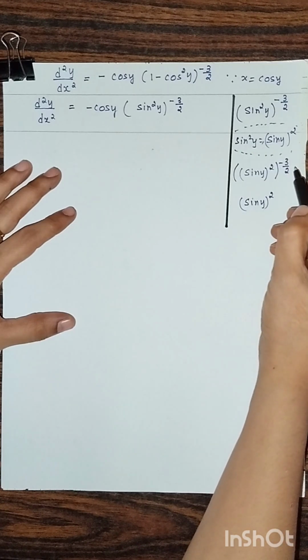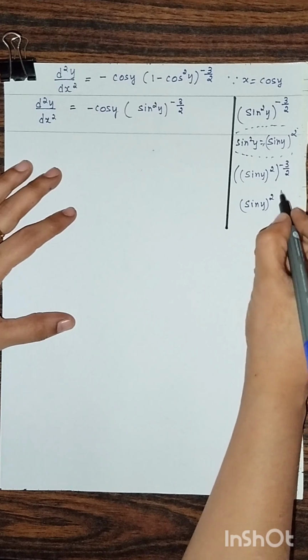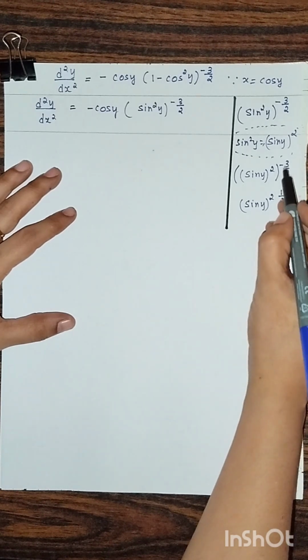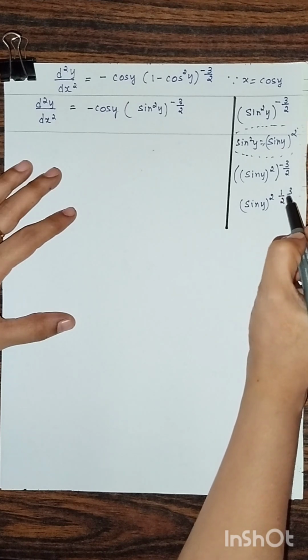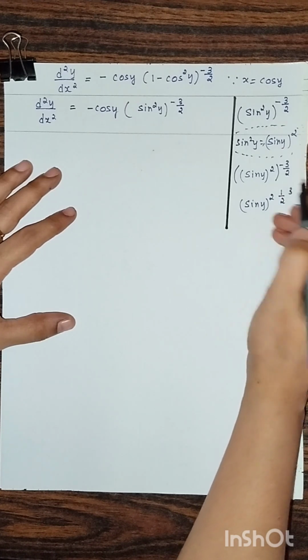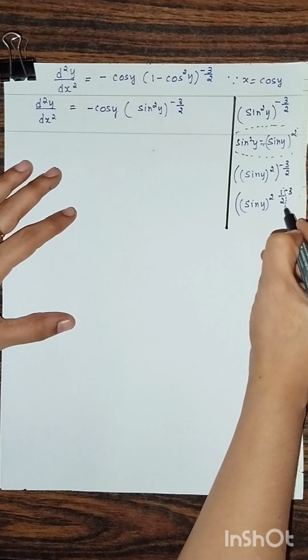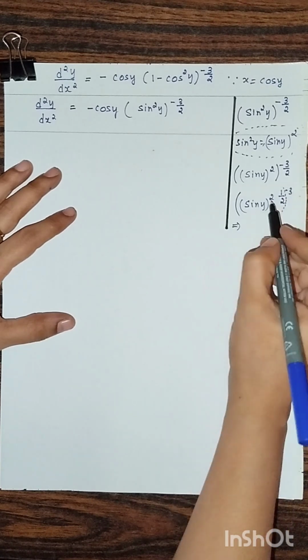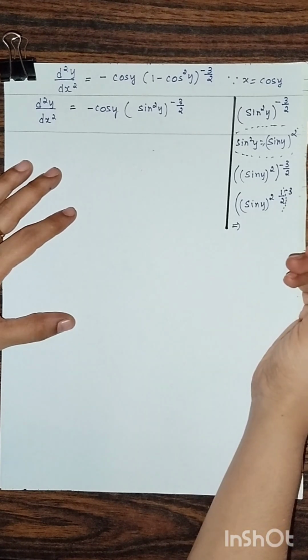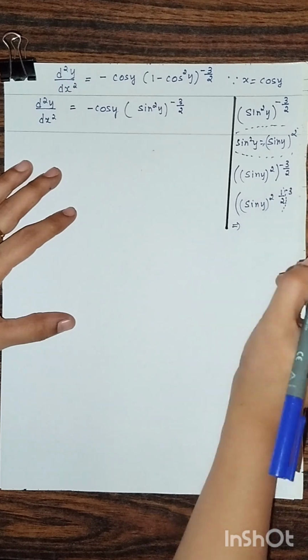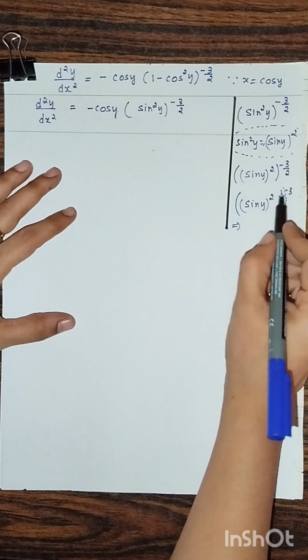So 3 by 2 can be written as 1 by 2 into 3, right? If you multiply, you will get back this. We will maintain that minus sign. Now this implies 2 by 2 will get cancelled, or 2 times half, half plus half, you will get 1, right?